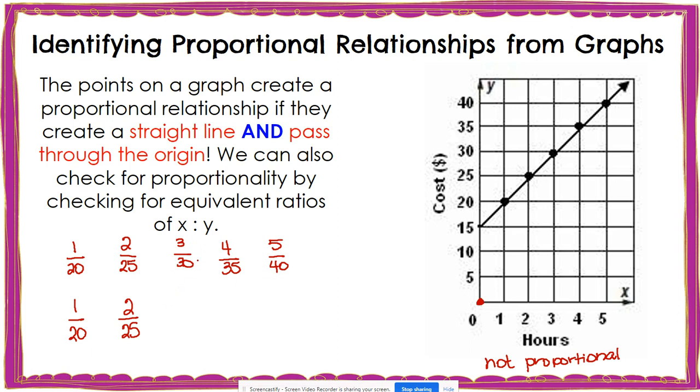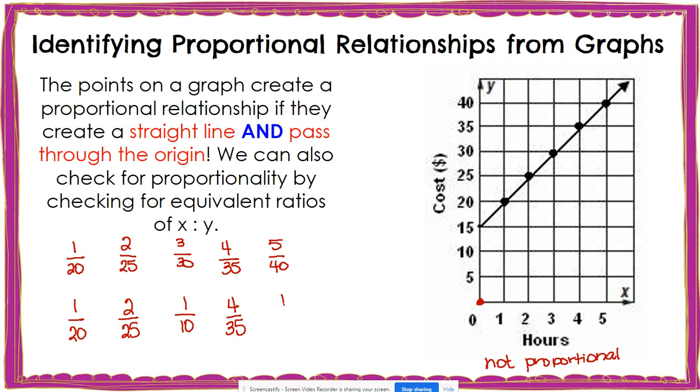3 and 30 both can be divided by 3. So 3 divided by 3 would give me 1, and 30 divided by 3 would give me 10. You'll notice now I have still no equivalent ratios. 4 and 35 do not have any factors in common, so that fraction is already simplified. 5 and 40 can both be reduced by 5.